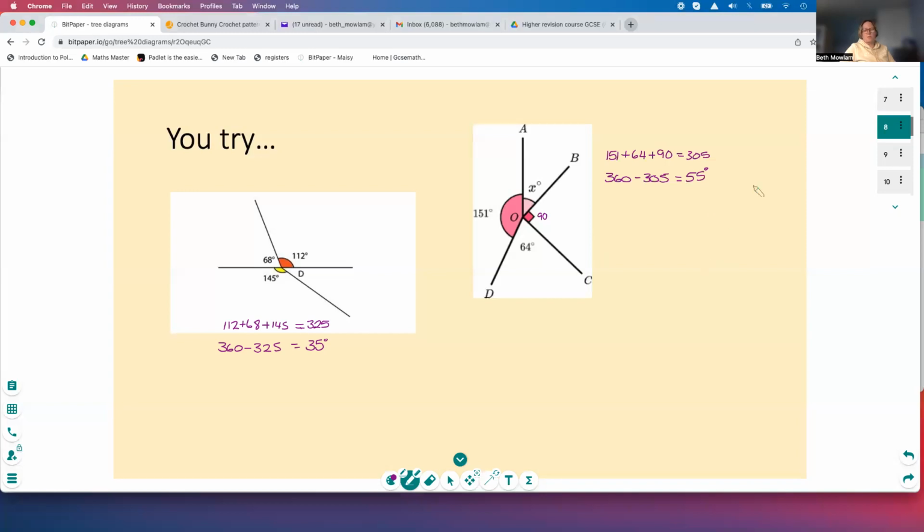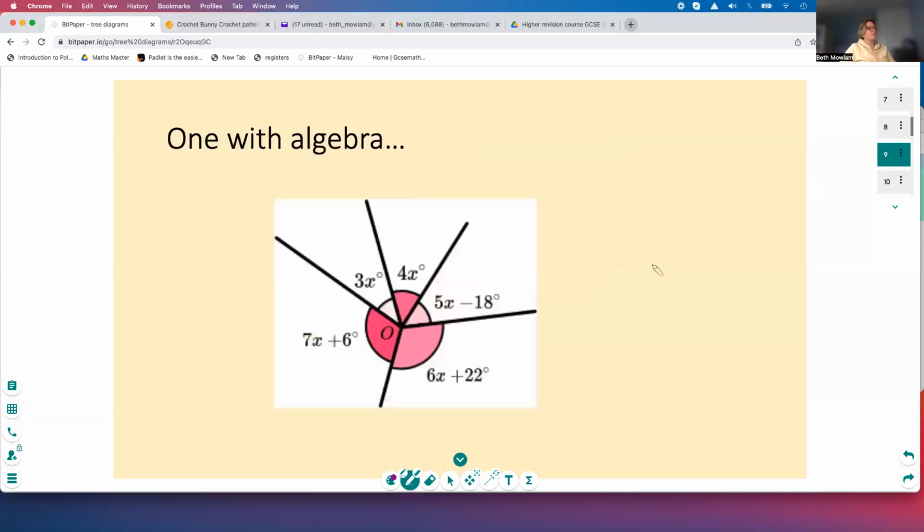So angles around a point add up to 360 degrees. So then we get another one of these ones with algebra, look. Might get something like this and say work out what x is or work out what the angle is. So if I wanted to work out what x is, remember I use that rule. Angles around a point add up to 360. So let's add all the angles together.